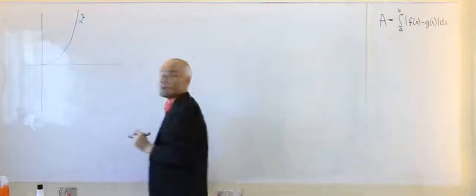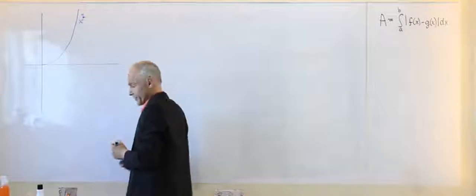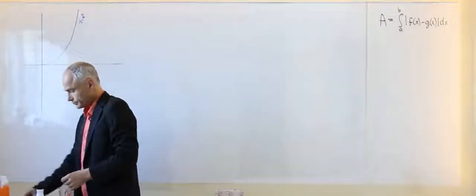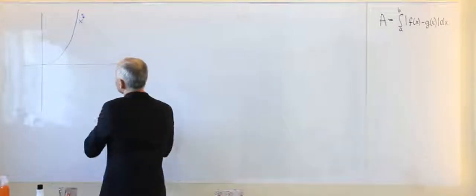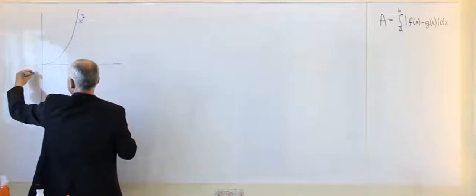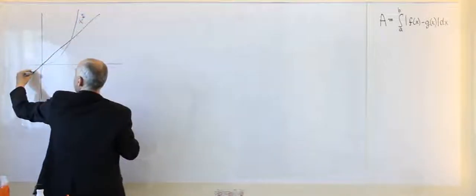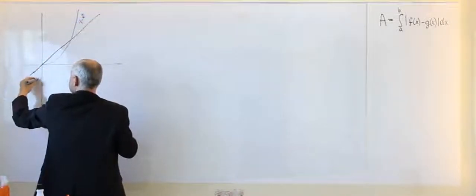So here is our parabola, x squared, and the second function is y is equal to x.